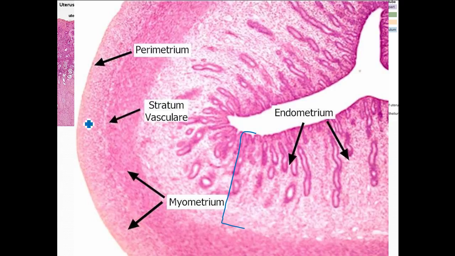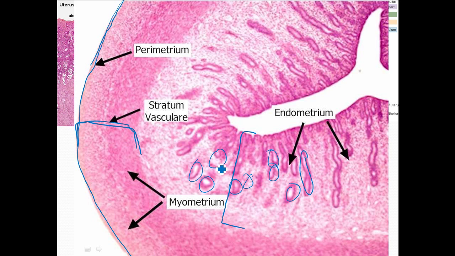What do you call below that? So everything from here to here. Myometrium, and then the very outer surface here. Perimetrium, right? Part of the serosa, right? And what do you call these structures here? Yeah, the uterine glands.